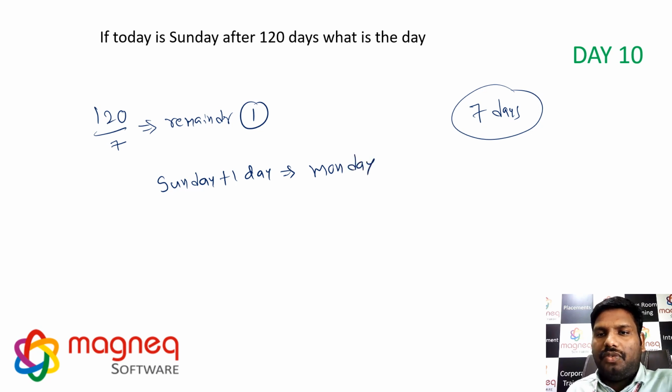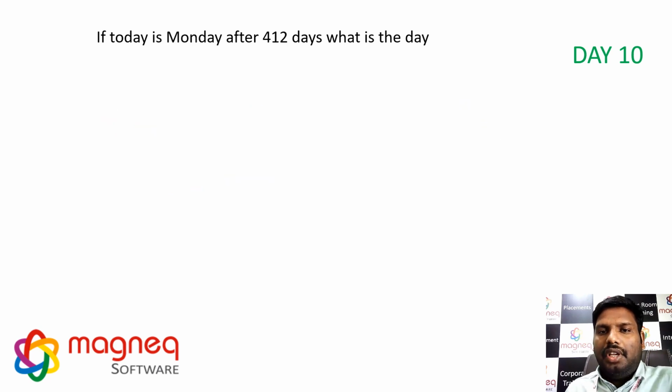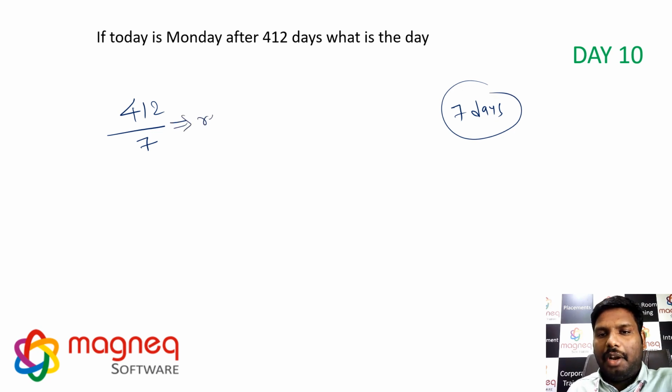If today is Sunday, after 120 days, what is the day? So 120 by 7, we have to find the remainder, 1. So Sunday plus 1 day, Monday. If today is Monday, after 412 days, what is the day? 412 by 7, because every week has 7 days, meaning repetition.